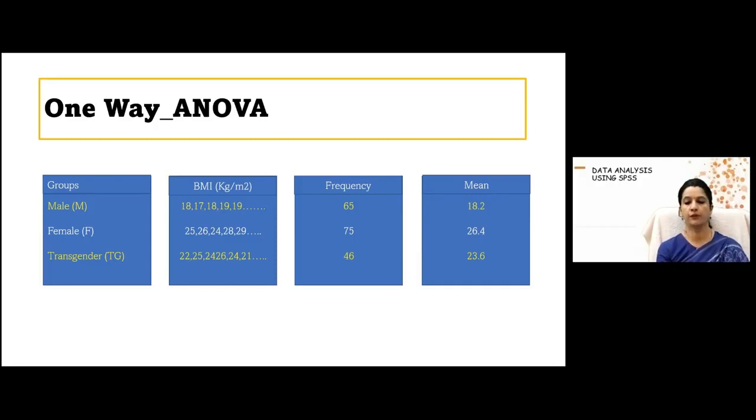If you take an overall mean, 18.2 plus 26.4, 23.6, take the mean of all these three groups, and then measure the deviation of each group mean from the overall mean and square it, that is the between group variance.